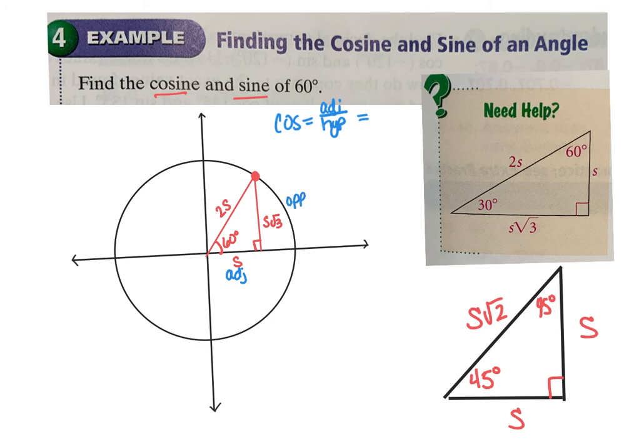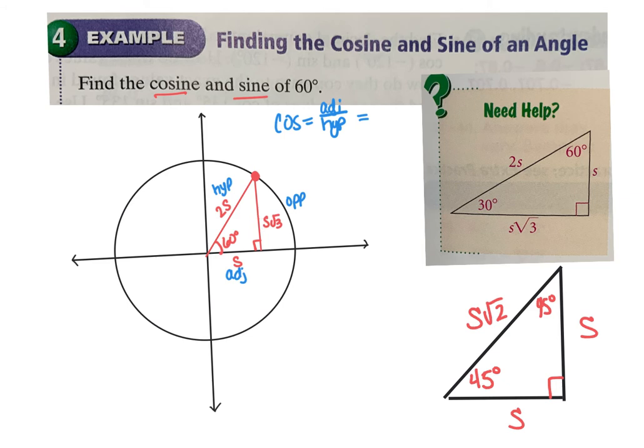And what's my hypotenuse? That's 2s, okay? How do I know which one's adjacent? All right, so you have two sides that make up your angle, right? If I'm talking about the 60, you're going to have this side and that side. This side is already pre-named, hypotenuse. The other side is the adjacent. If I stand in my 60 degrees and walk across, I run into my opposite. So it's the one attached.